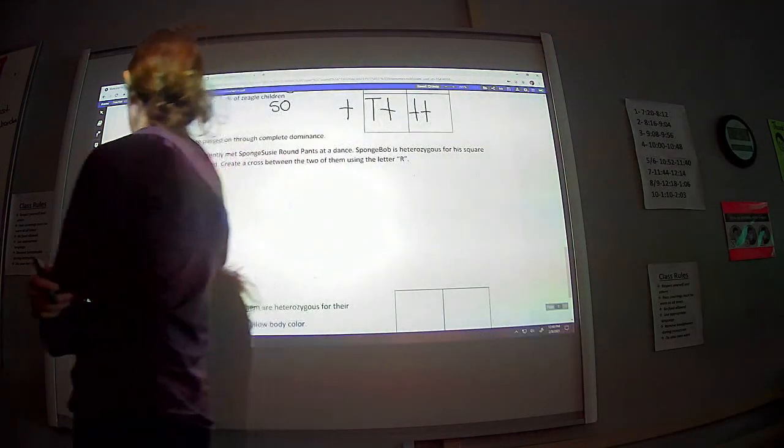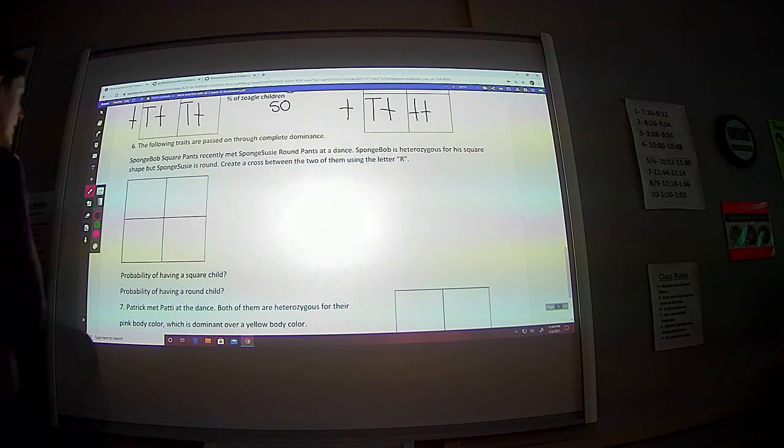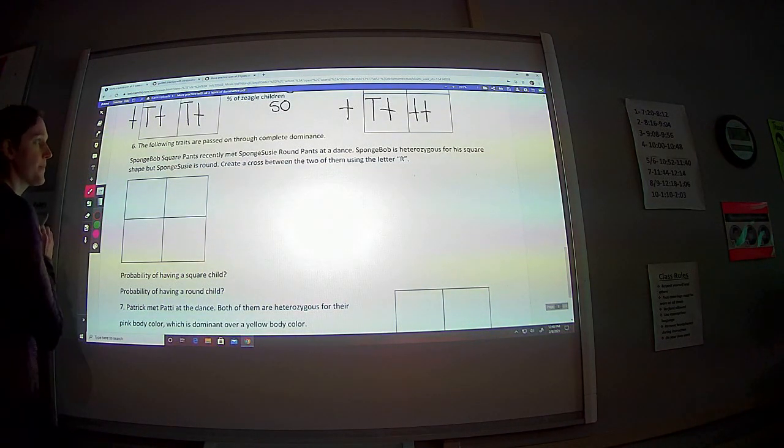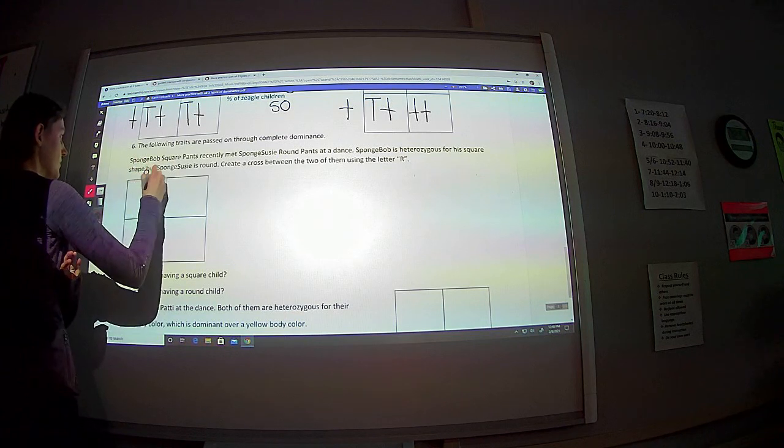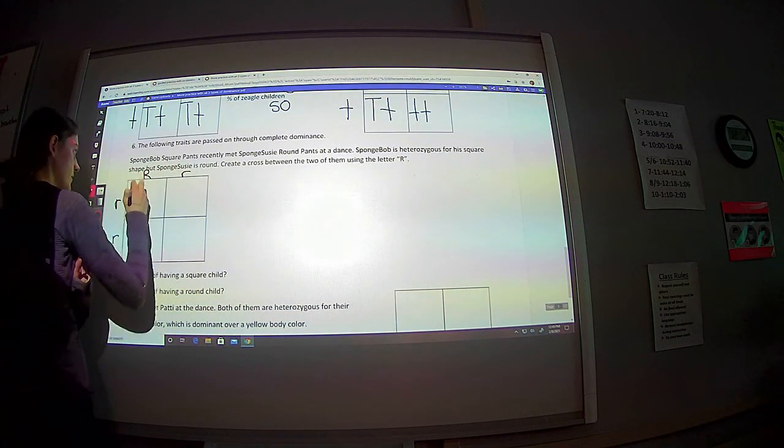These ones we've already done through our SpongeBob exercise. SpongeBob SquarePants meeting Susie Roundpants. SpongeBob is heterozygous for his square shape, but Susie is round, and you'd be crossing them with the letter R. So I'll go ahead and do it anyhow in case you forget it. So he's heterozygous, she's homozygous recessive here.